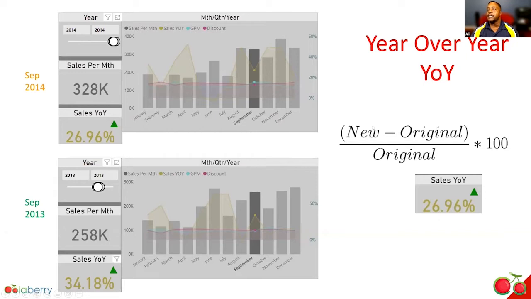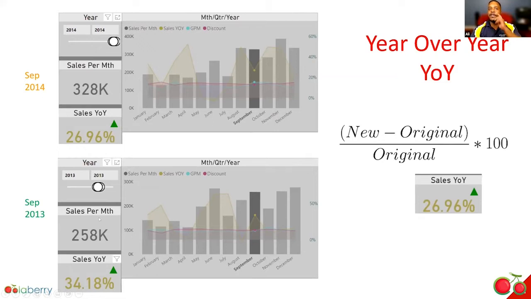Year over year calculation says new amount, which is September 2014, 328K, minus the 258K, divided by 258K, times 100, gives us a sales year over year of about 27% for September. You can see where the lines are plotted on the right axis. So you can see that's about 27%, okay?